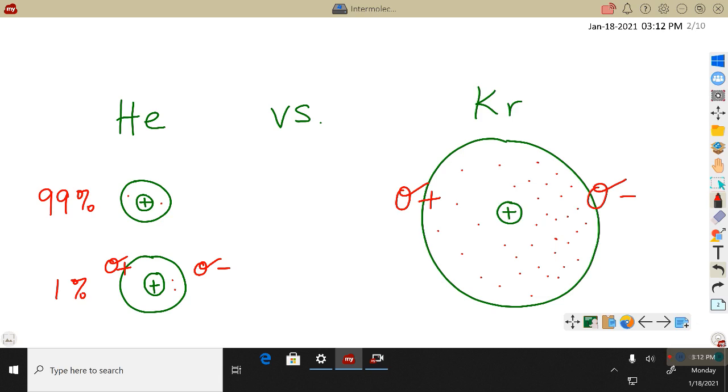But the more electrons you have, the harder it is to keep them evenly spaced in all their orbitals. There's 36 electrons distributed amongst tons of orbitals. And so there's just a greater chance that their movement is random and that all it takes is a few electrons to sway one way or another, and you're going to create a partial region of charge.